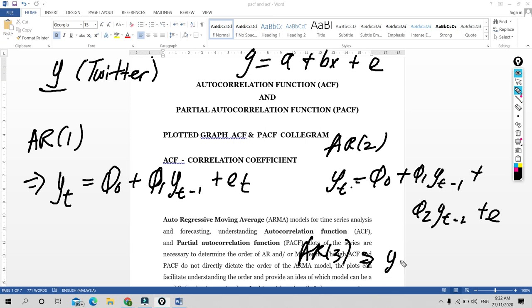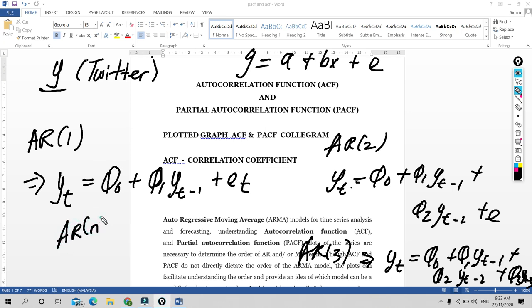So Y_t equal to phi_0 plus phi_1 Y_{t-1} plus phi_2 Y_{t-2} plus phi_3 Y_{t-3} plus epsilon_t and so on. So if we have AR(n) for example, we are comparing today, Y_t, we regress against Y_{t-1}, plus Y_{t-2}, previous data, the 2 days.